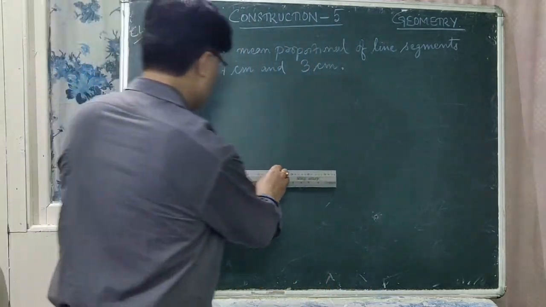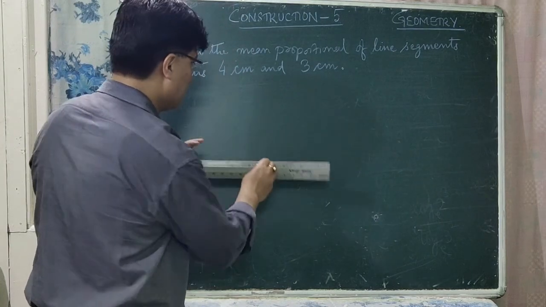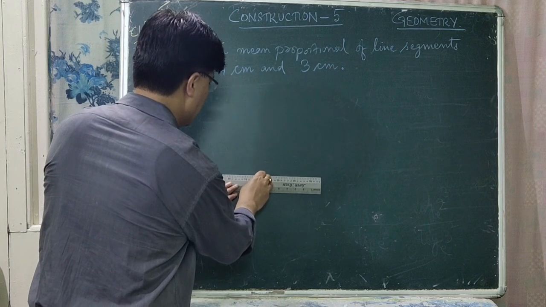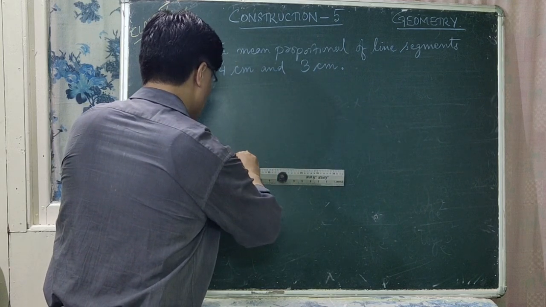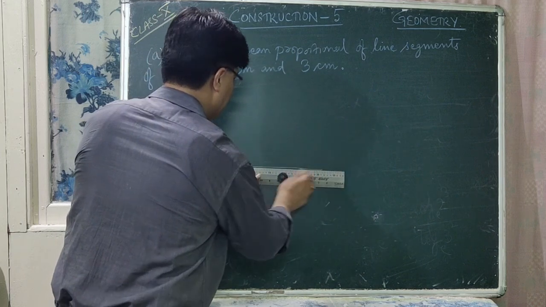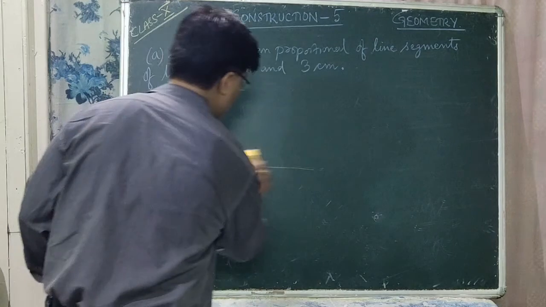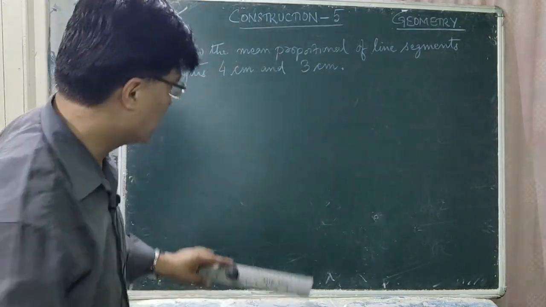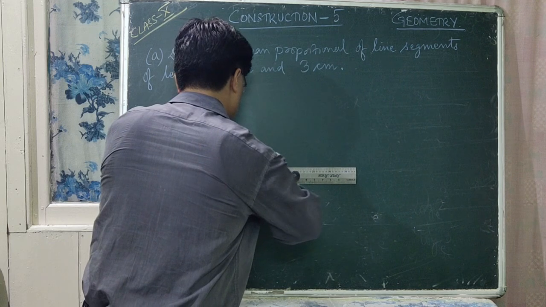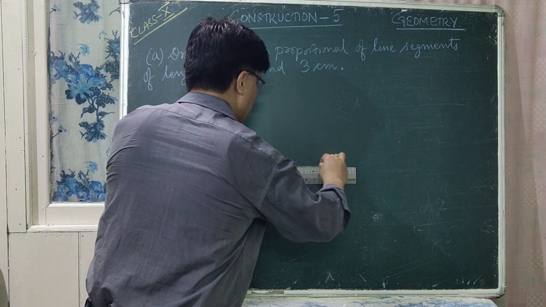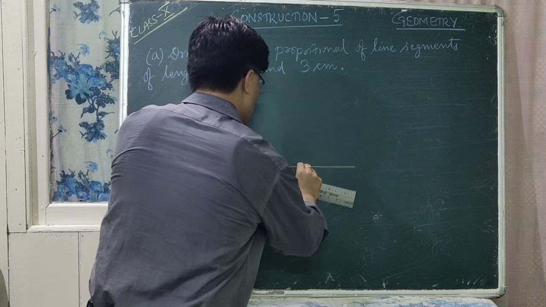Okay, so let us measure 4 plus 3 cm. Suppose this is my 7 cm; this is 4 and this is 3. Suppose 4 is here.